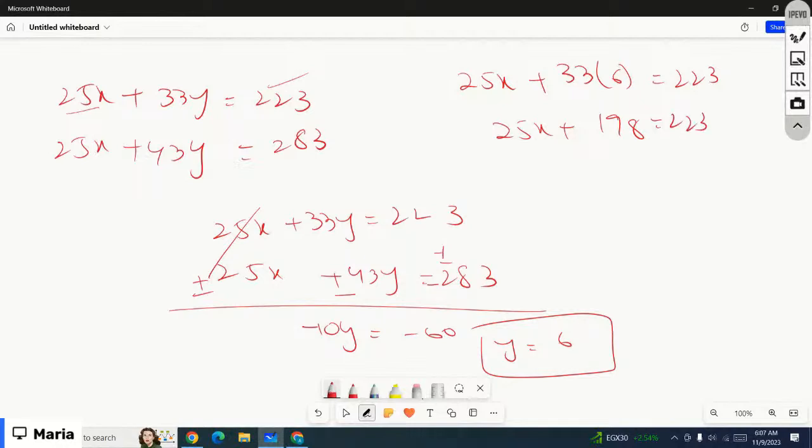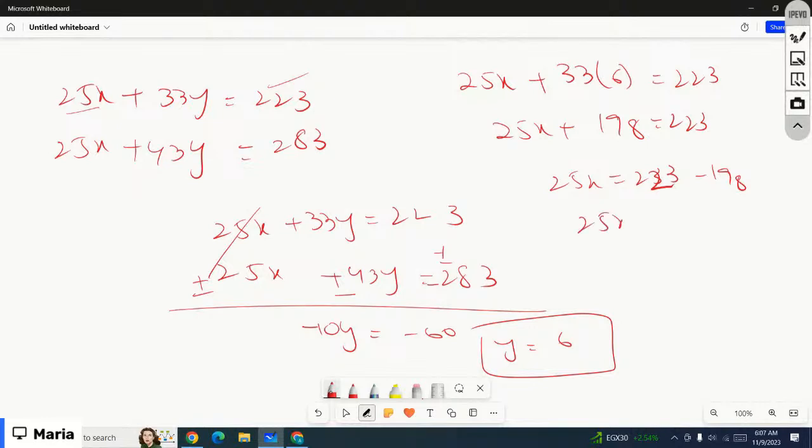So just subtract 198 from the other side, that would be 223 minus 198, which equals 25.